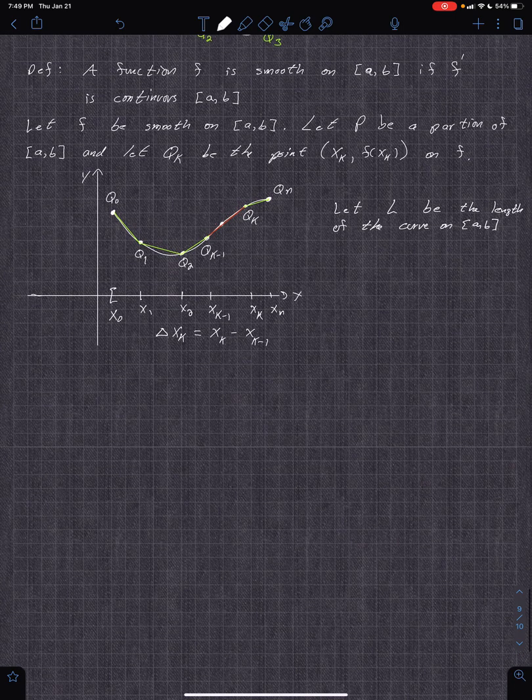Okay, so next, let d of q sub k minus 1 to q sub k be the length of the line segment between q sub k minus 1 and q sub k.